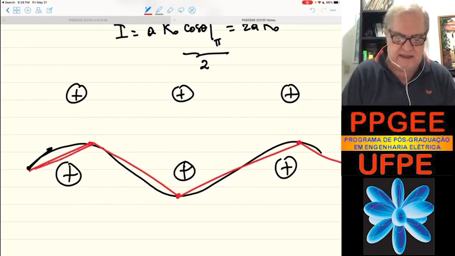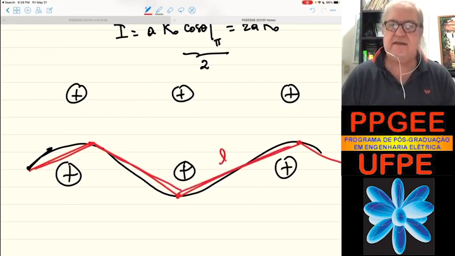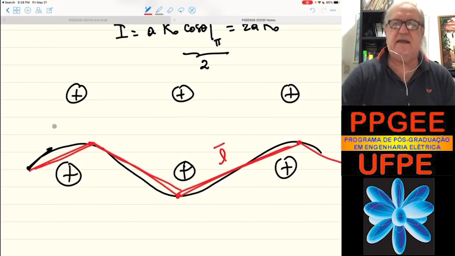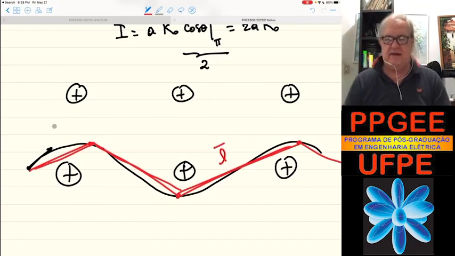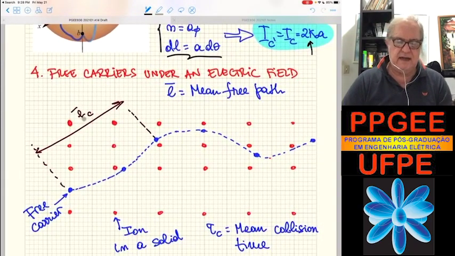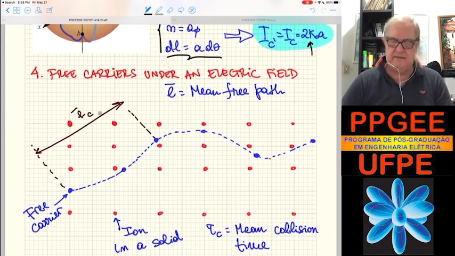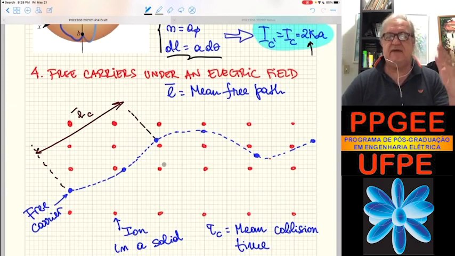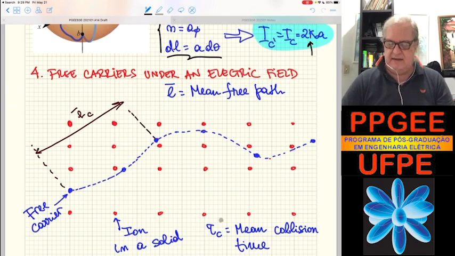But you can assume that typically you have a collision length, the mean free path, L. Typically in a solid, the carriers are going to be moving back and forth like this, and you have a collision length, LC. This mean free path that the carrier has between collisions, when you have a significant modification in direction, corresponds to the mean collision time, tau c.